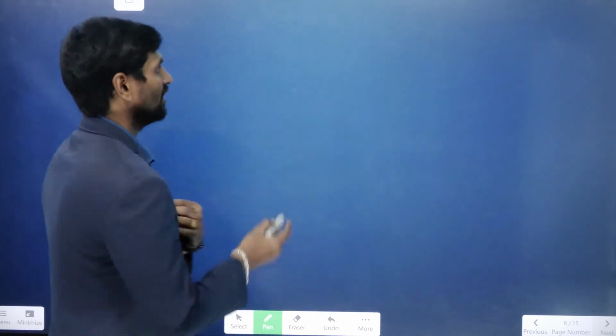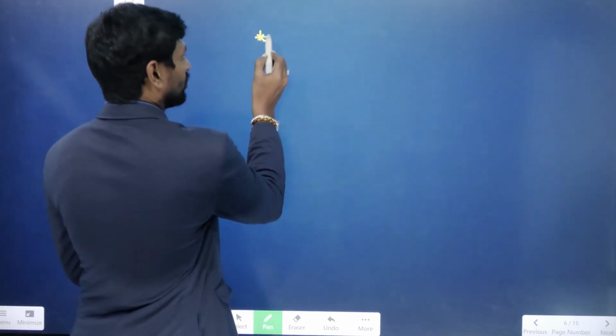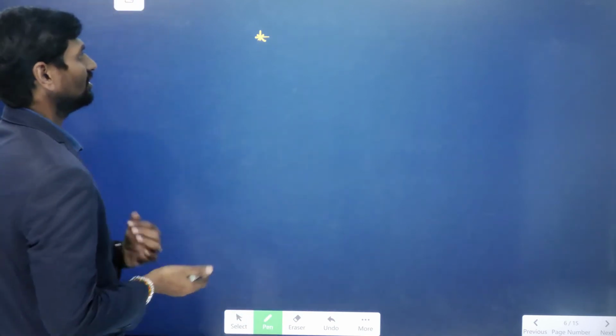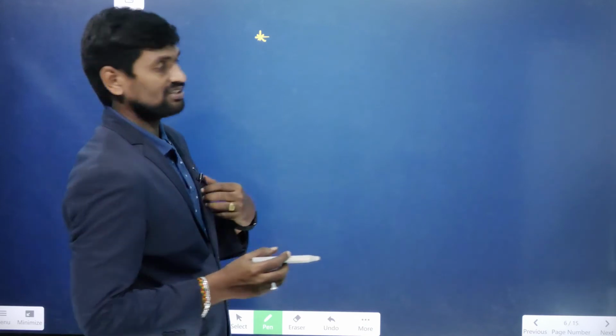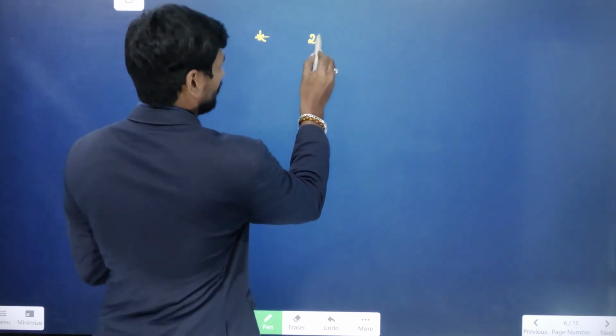Okay, let us go to the next: how to find the square root of a number. There are two methods. One is the prime factorization method and the second one is the continued division method. I hope everyone knows about the prime factorization method. So let us take 225.